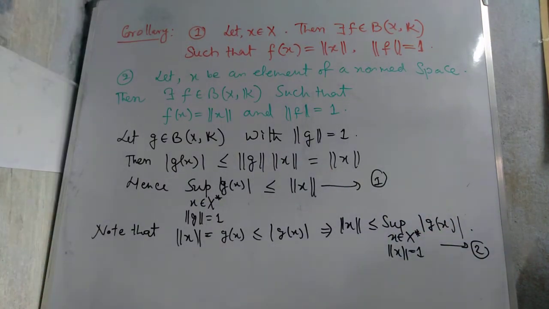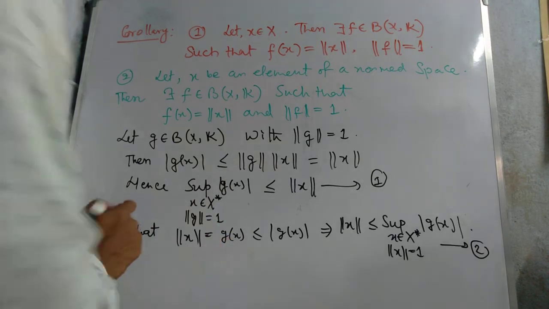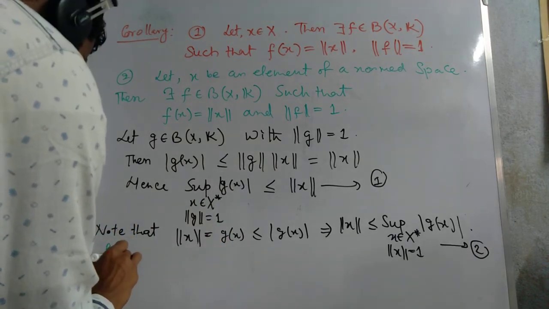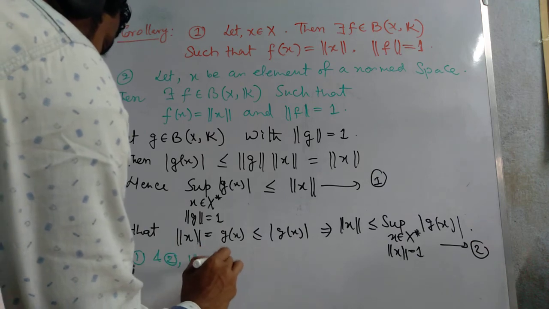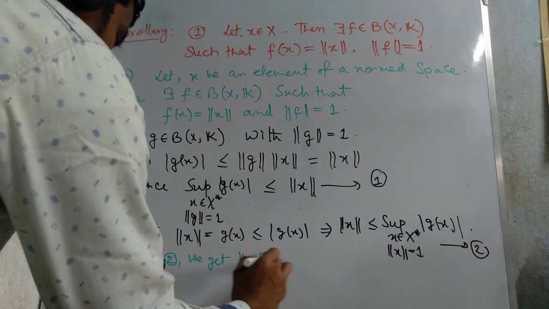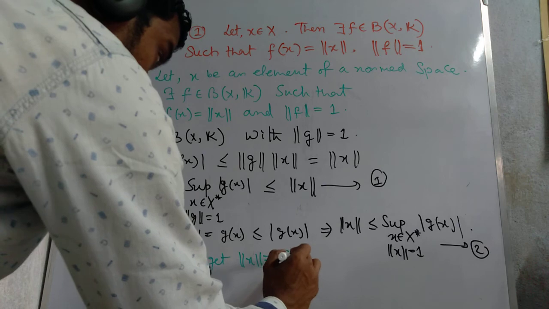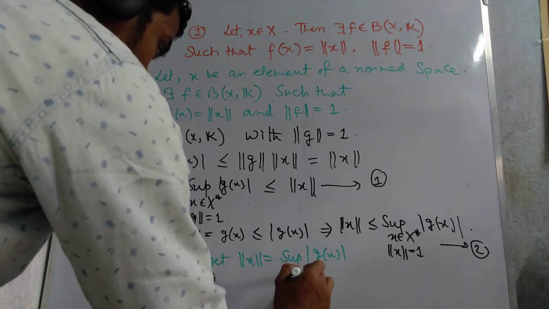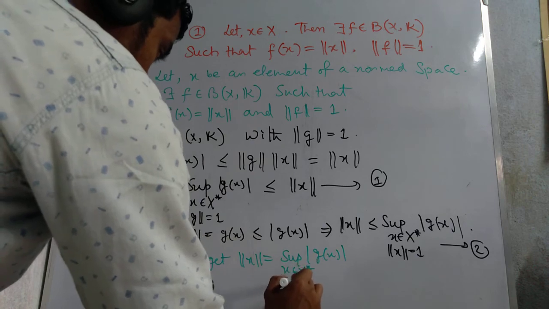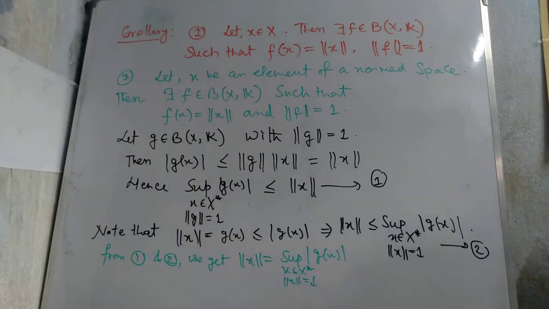Then what do we find from 1 and 2? From 1 and 2 we get norm of x equal to the supremum of |g(x)|, where g belongs to X star and norm g equals 1.